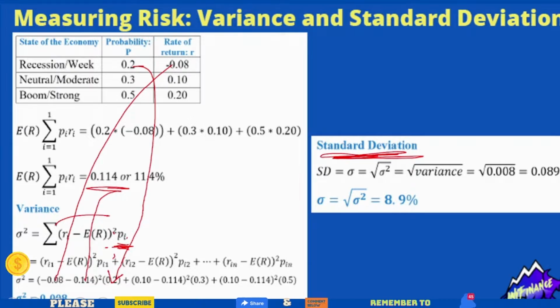And the answer is here 8.9%. Also, you can compute the coefficient of variation, which is going to be the standard deviation divided by the expected return, as we showed you previously in the calculation when using historical data.